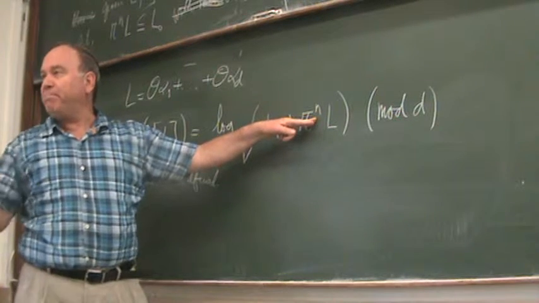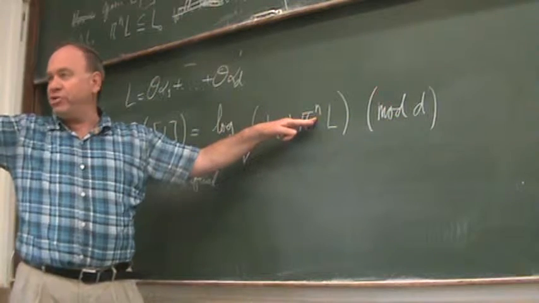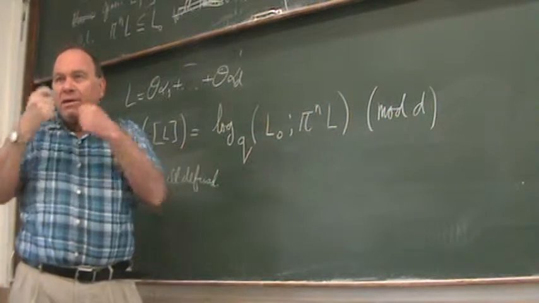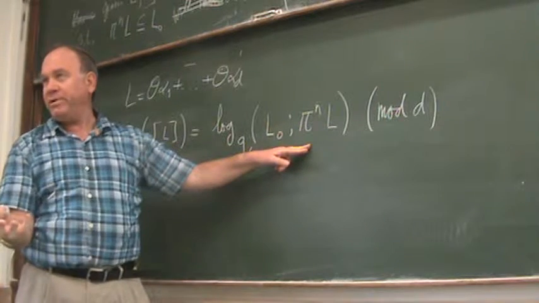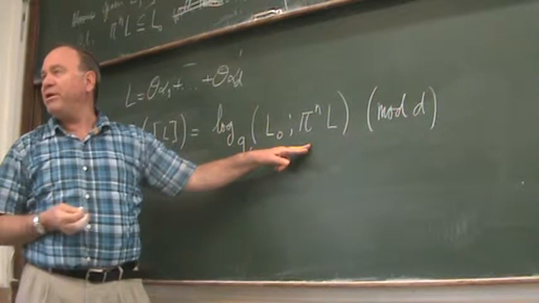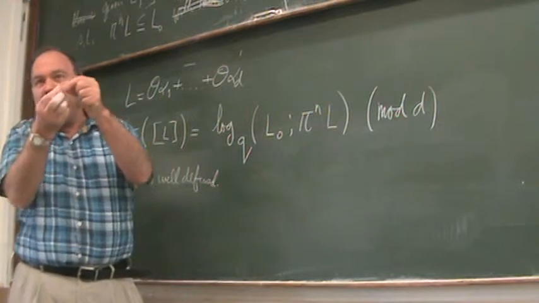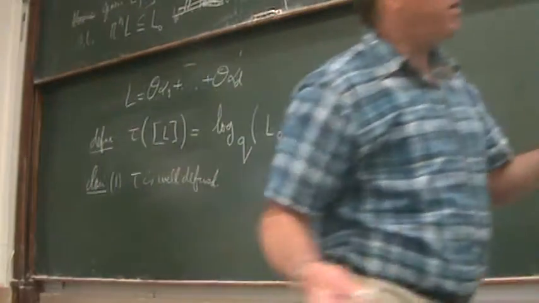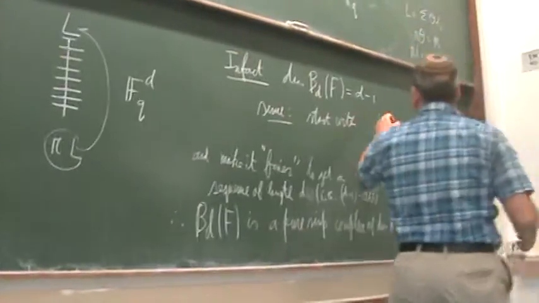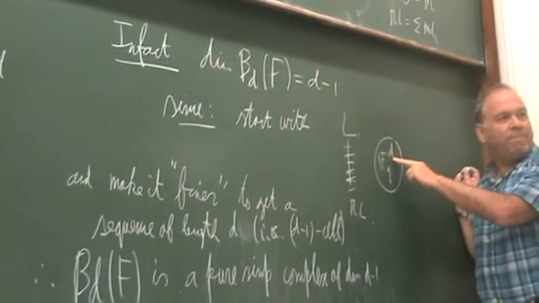Because if you take some power, and I take another one, which is much larger, then my pi to the n L will be much deeper, right? But what will be the index? Each time we multiply by pi, what is the index? q to the d. You remember, if we take a lattice and multiply it by pi, the quotient is F_q to the d.